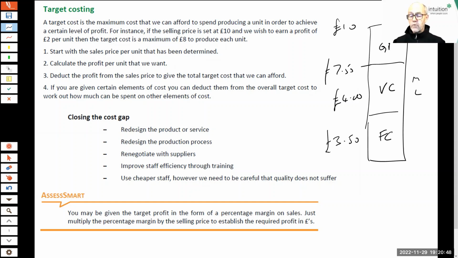Now, if we know that our total fixed costs, straight off the top of my head, are going to be £200,000, then we know that for this product to be viable at a selling price of £10, we divide 200,000 by £3.50.